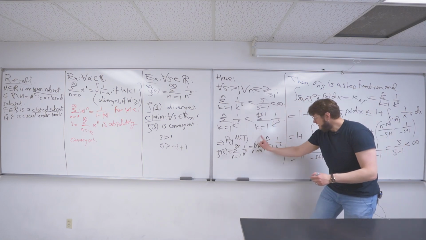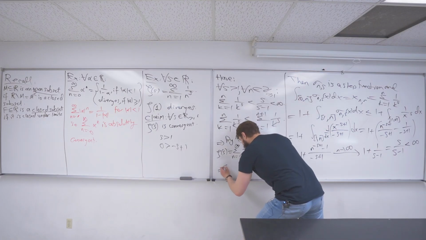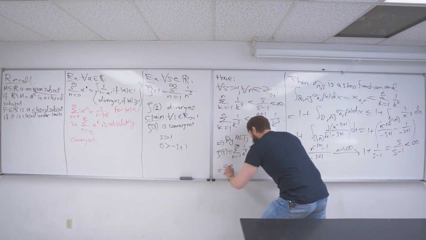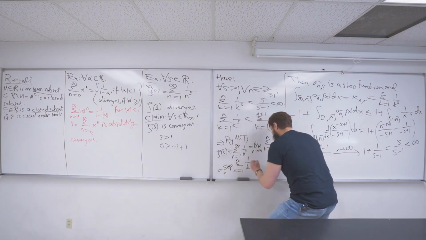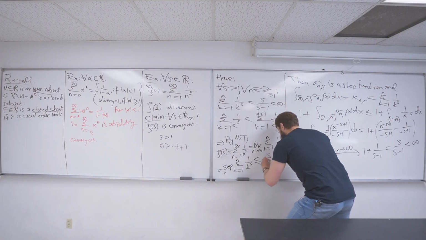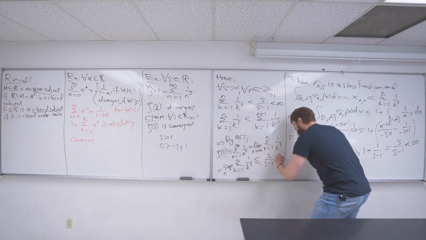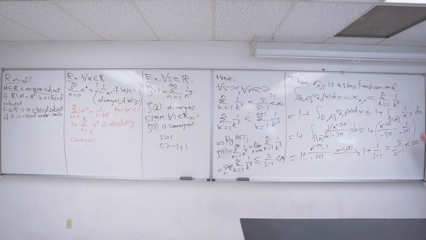Which by MCT is a sup of these sums as you vary n, 1 over k to the s, which is upper bounded by this, which is a finite number. Consequently, zeta of s is a convergent, and in fact, absolutely convergent series.